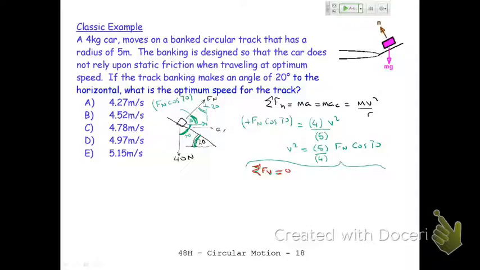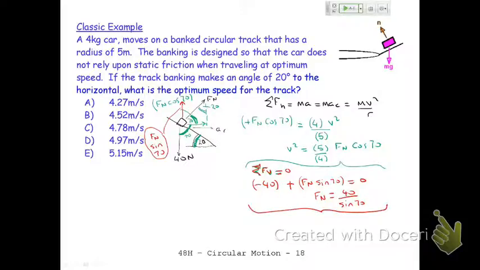So I'm going to say minus 40 plus, and I'm thinking about this vector, and this vector there is Fn sine 70, is equal to 0. So Fn is equal to 40 over sine 70. Let's not worry, let's just bung that into that upper equation.